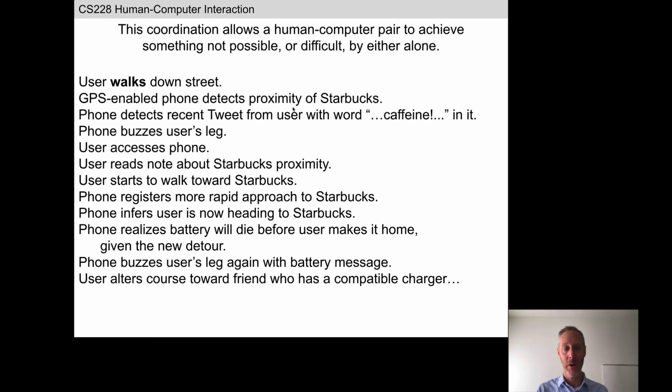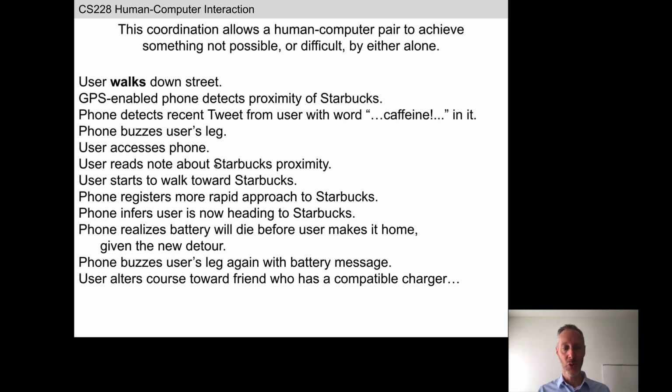It infers that's where you're going, but you may not be aware, so it infers you don't know that there's a Starbucks nearby. So it buzzes your leg, politely interrupts you, and indicates that there's a Starbucks nearby.